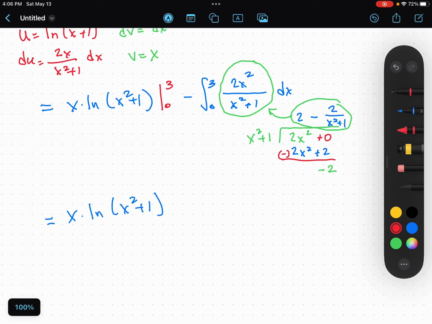I'll evaluate that from 0 to 3 in a minute. Minus, and I'm going to make a new integral, which is still from 0 to 3, but the expression will be 2 minus 2 over x squared plus 1 dx. And my claim is that I can do the antiderivatives on both of these pretty easily. I won't even need to use any sort of advanced technique.